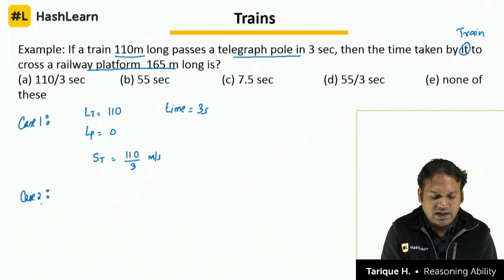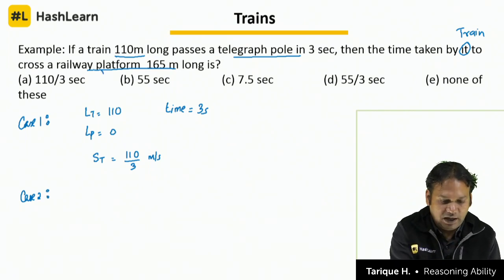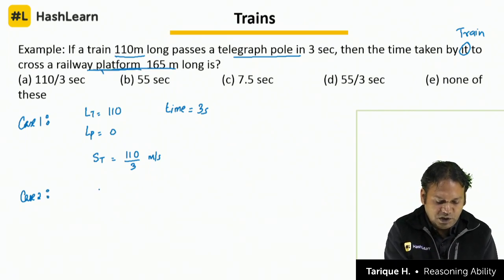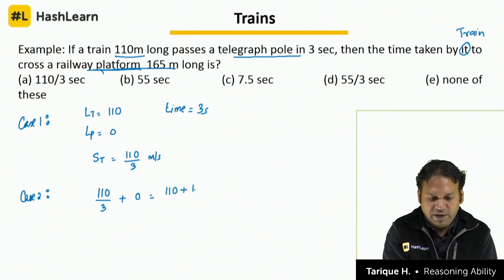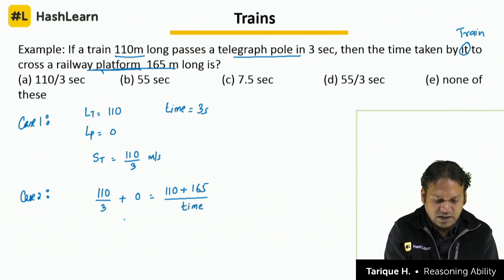Now the train is crossing a platform. So speed of train is 110 by 3, speed of platform is 0, length of train is 110, length of platform 165. What is the time taken? That is what we have to find here. So we can say 110 by 3 equals 275 by time.